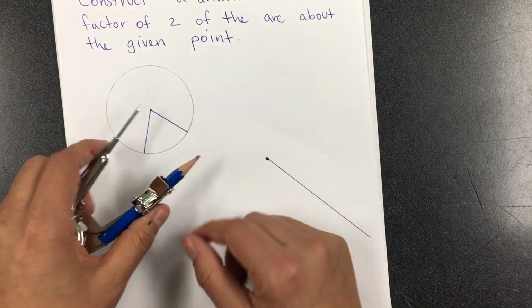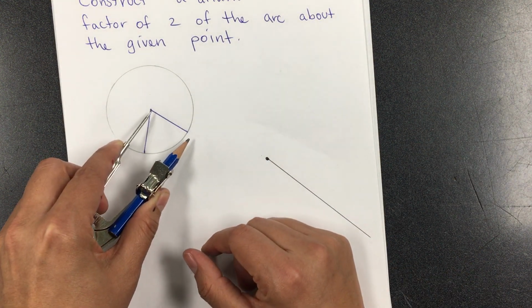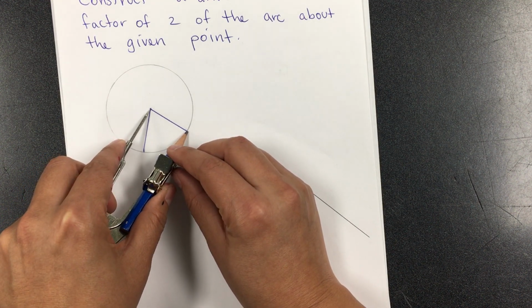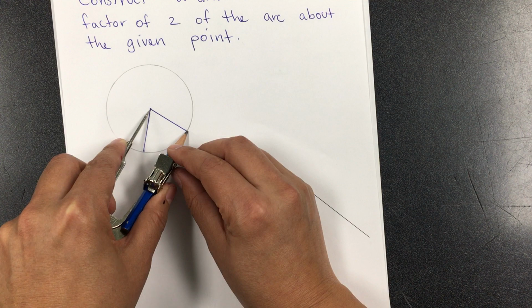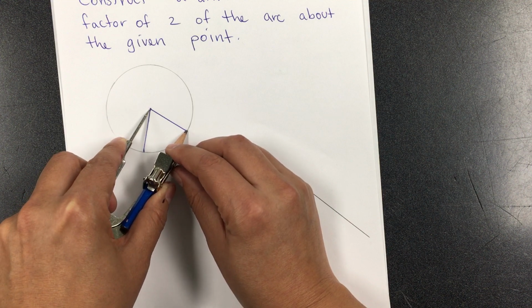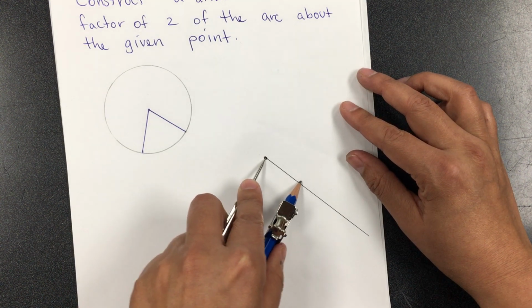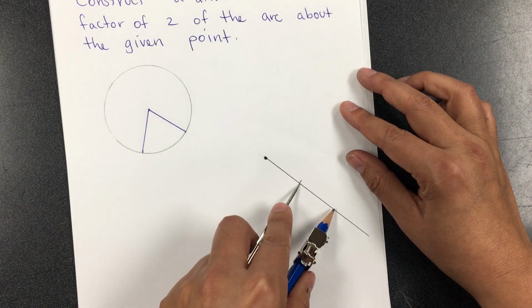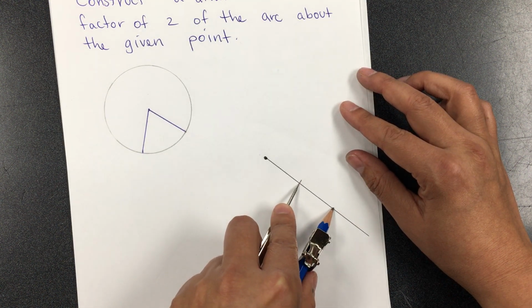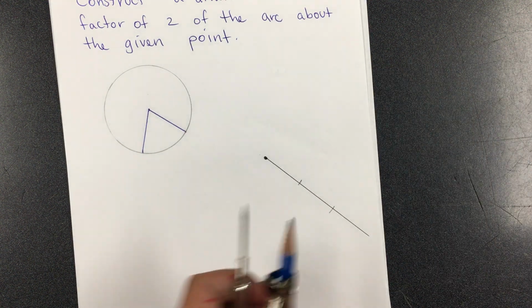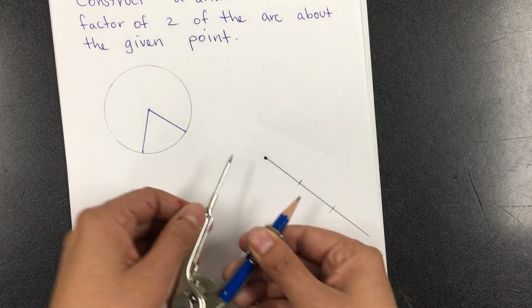Again, you're going to measure this here, and we want that arc to be twice as much, so it's gonna be twice in here. 1, 2. Make sure that you put a lot of papers, because I noticed that that's when it slides the least.